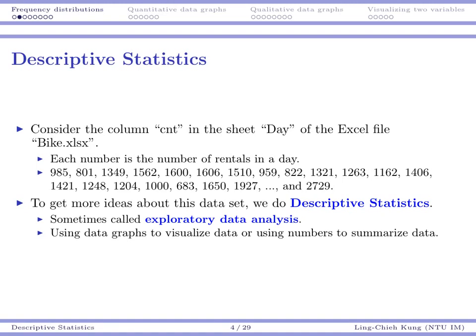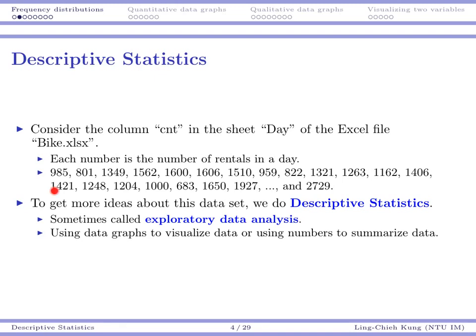So to really get more ideas about the data set, what we want to do is descriptive statistics. Sometimes this set of methods is called exploratory data analysis. Basically, it is to explore the set of data, to describe it in a way that we may get some intuitions about it.